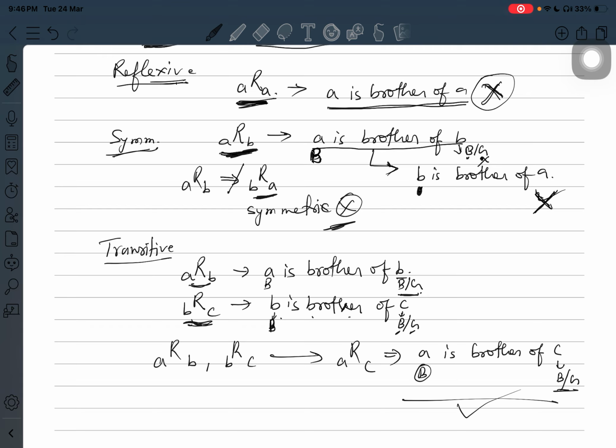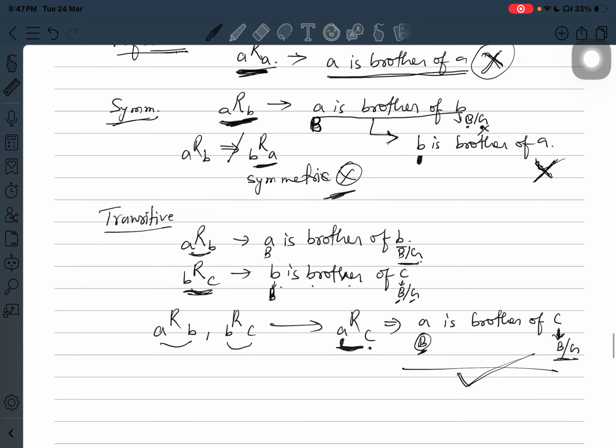Now, if I have A related to B and B related to C, then I am checking for A related to C. What will be the line? That A is brother of C. I don't know the gender of C, but still A is a boy that I know, so it is a correct line that A is brother of C. So if this is true, then we can say it is transitive. So this is it.